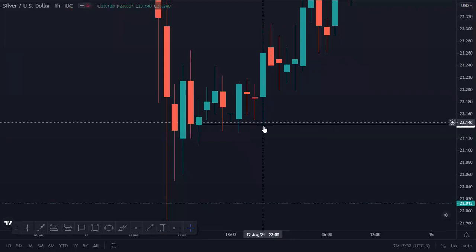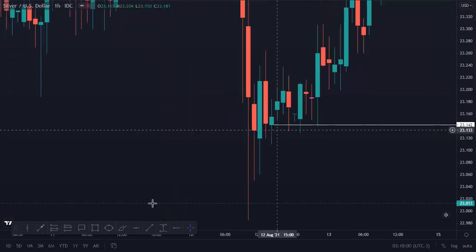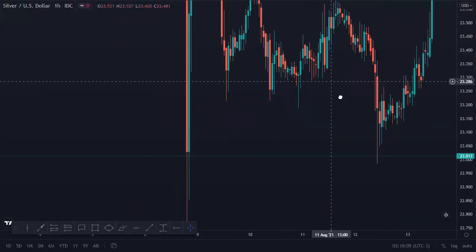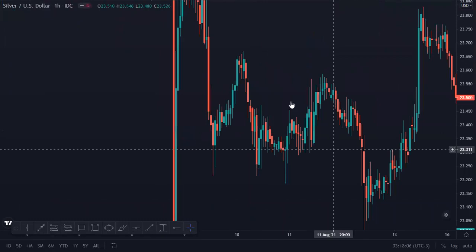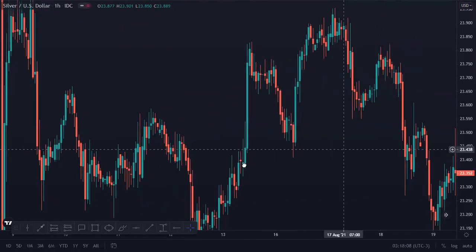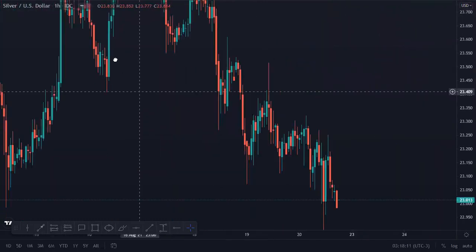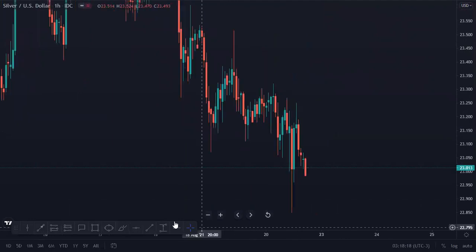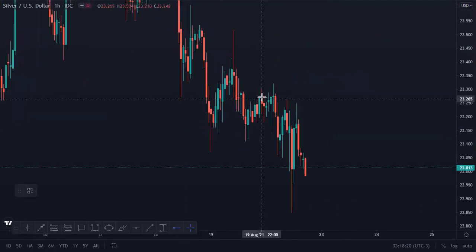You see the candlestick that came to retest our invalidation X. Let's also look for other examples. Also, this is an example of an invalidation right there.